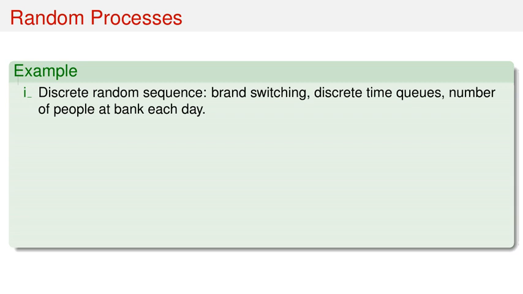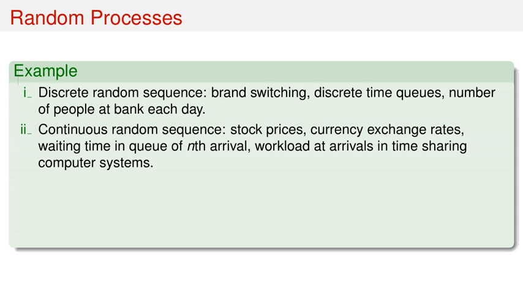Let's consider some examples to make this clearer. For discrete random sequences, discrete time, discrete or continuous state space, think of brand switching behavior over weeks, discrete time queuing systems, or the number of people visiting a bank each day. For continuous random sequences, this seems to mean discrete time but continuous state.